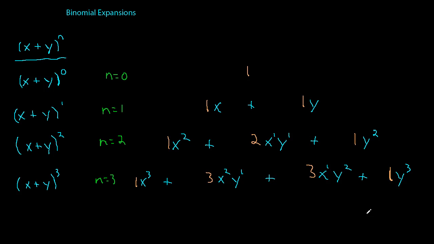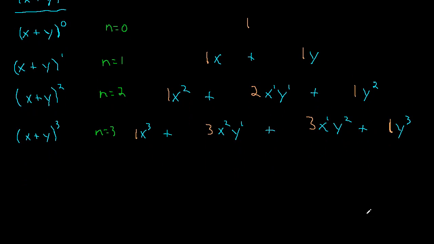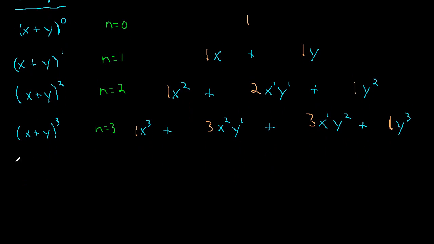Okay, so maybe you're already starting to see some patterns develop here. Let's see if we did one more. See if you can predict what's going to happen. If you have x plus y raised to the 4th power, okay, n equals 4, well, what would be this expansion?